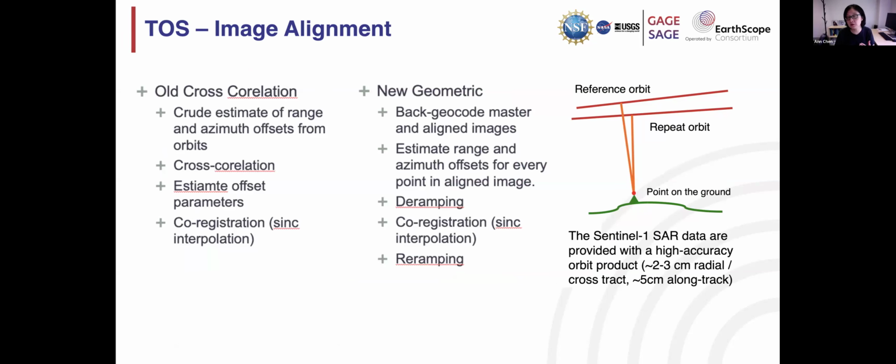For Sentinel processing, in part thanks to the precise orbit determination, it now makes more sense to just directly use the orbital information and the terrain DEM to figure out where each measurement is on the ground. That allows us to get about the 5 centimeters required accuracy, entirely relying on the orbital information that David mentioned, to align the image and get rid of those artifacts.